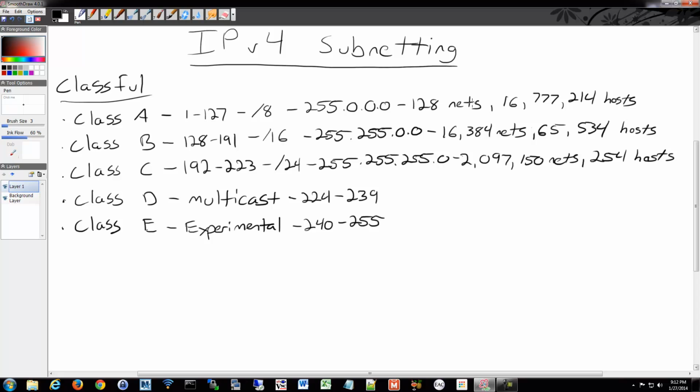So if you were doing this back in the day, and your subnet started with 72 dot something, you'd get a /8, you'd get 255.0.0.0 for your subnet, and it's very wasteful because that subnet would have 16,777,000 hosts available to it.